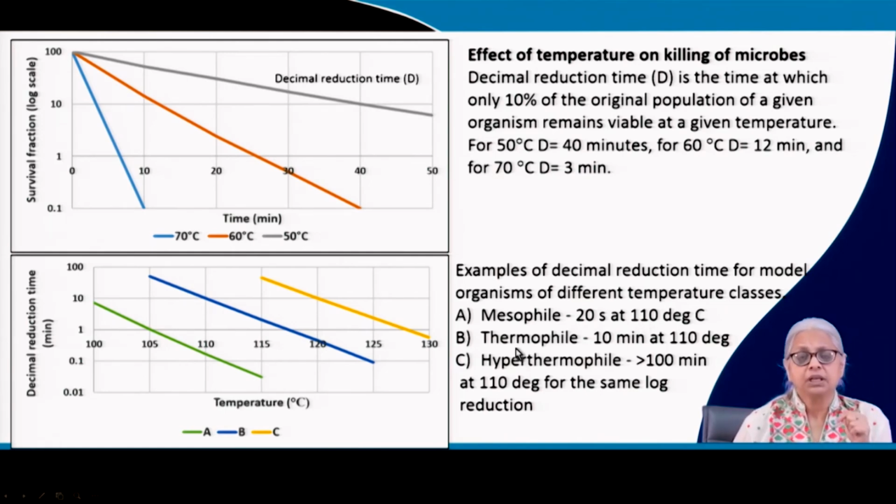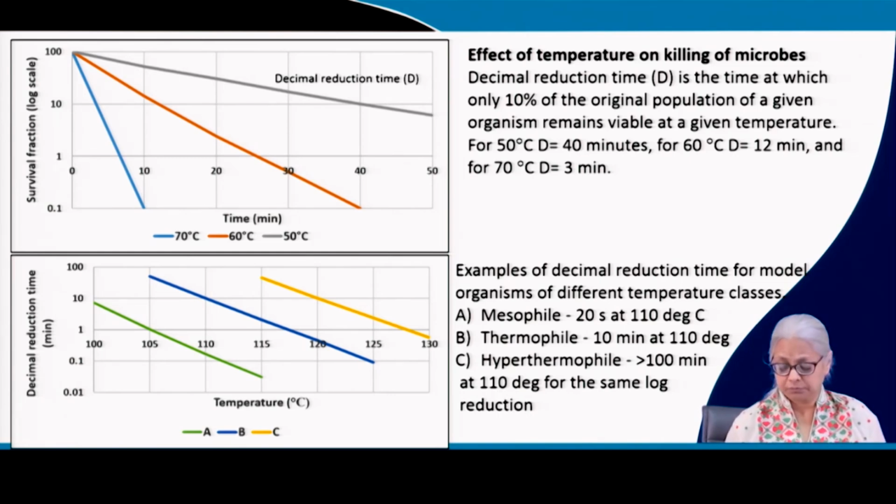A thermophile, on the other hand, is fairly resistant to high temperatures. So it takes 10 minutes to get 1 log reduction at 110 degrees centigrade. Then we have hyperthermophilic bacteria. Greater than 100 minutes are required to get 1 log reduction at 110 degrees centigrade. So that's all of it.